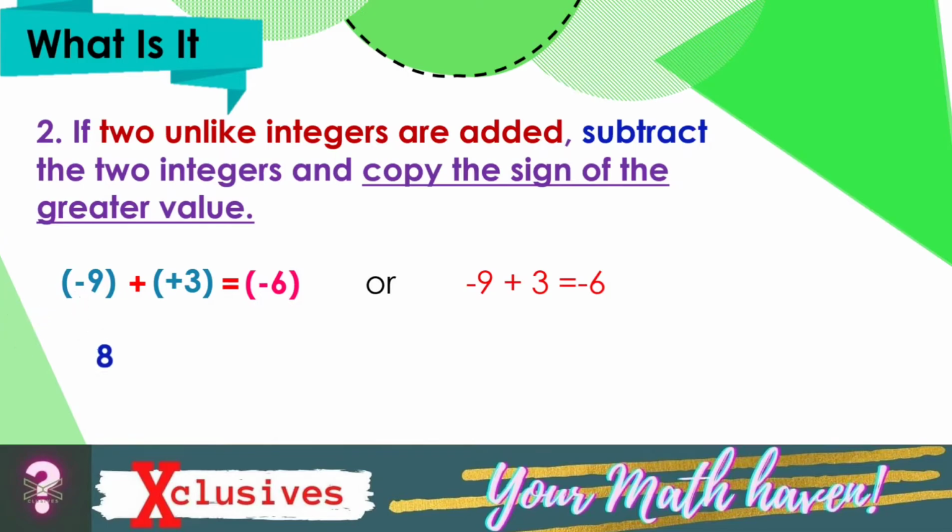Another example, 8 plus negative 6. Since both numbers have different signs, we subtract 8 and 6. We get 2, then copy the sign of positive 8. So the answer is positive 2. That's right.